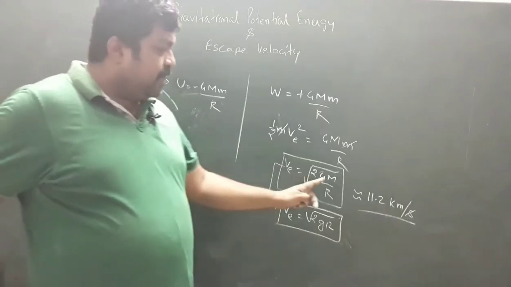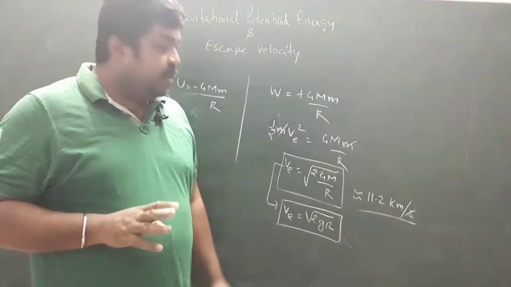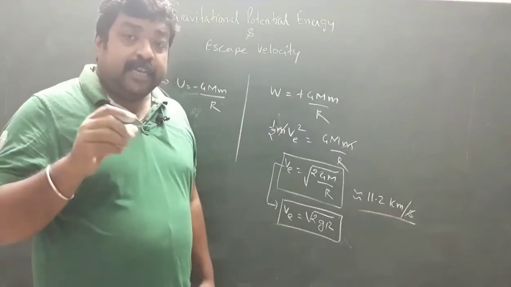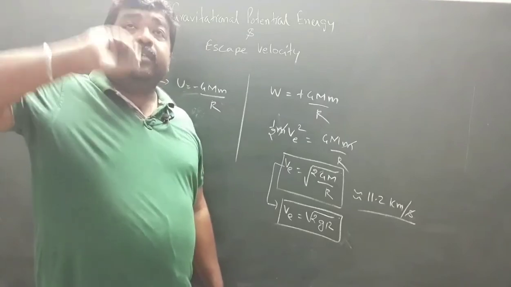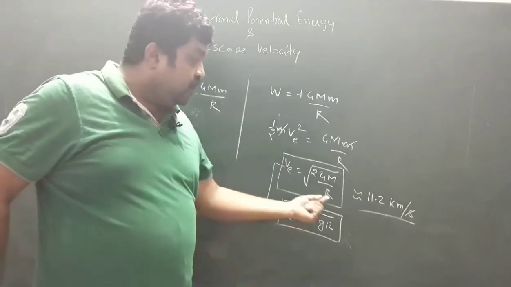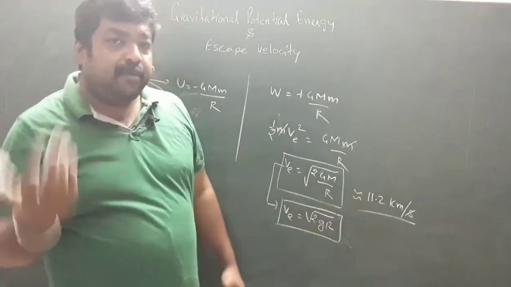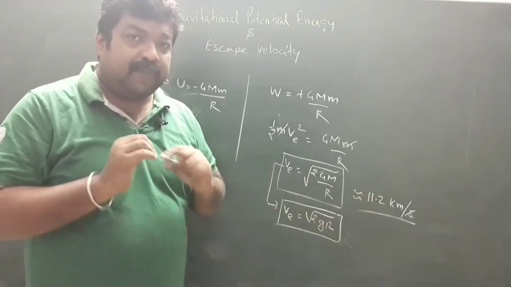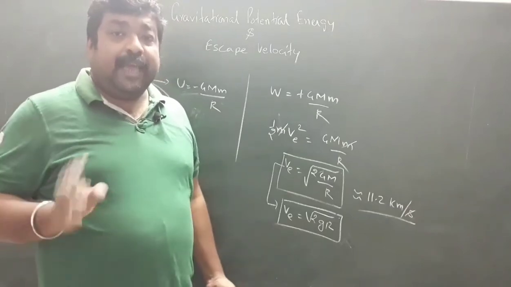It depends on the mass of Earth, but it is independent of the object which is projected. It is also independent of the angle of projection. You can project an object at any angle, but the velocity should be equal to or greater than this, then it will be able to escape.